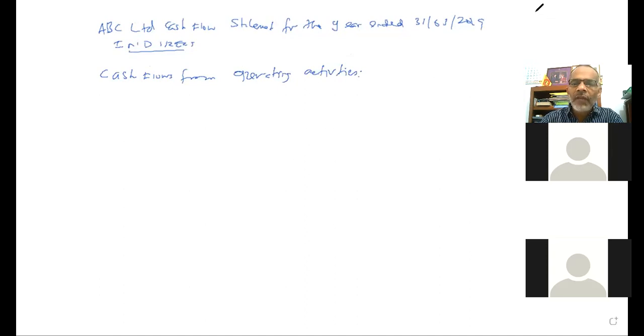Right. Look at the operating activities. Somebody told me I want to start with the profit or net profit before taxation, that is amounted to 865,000.